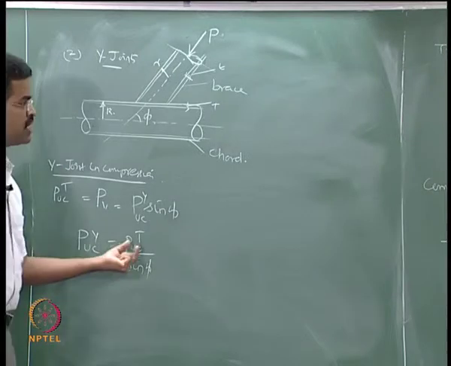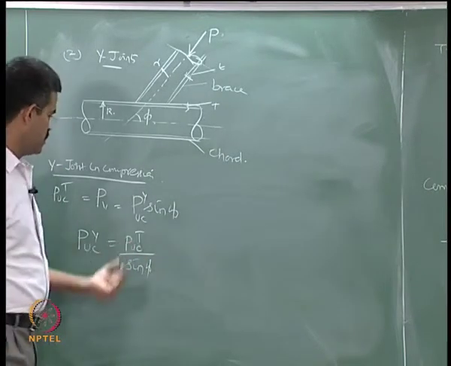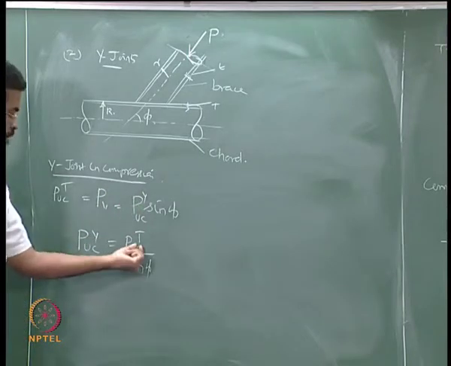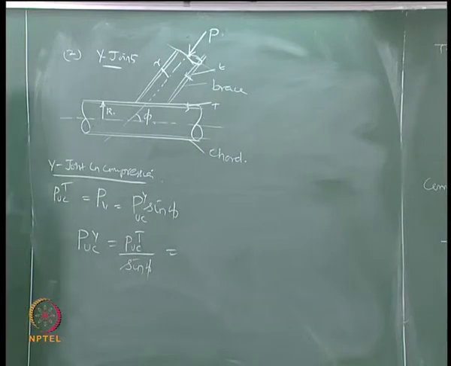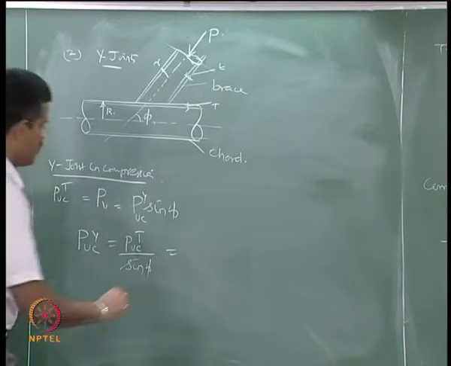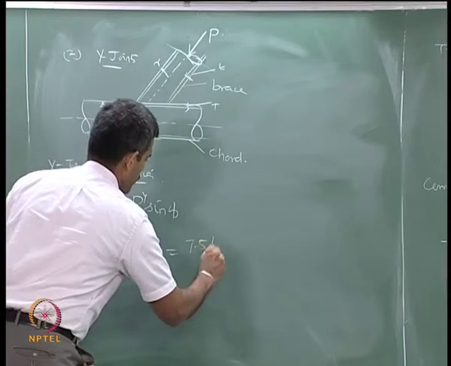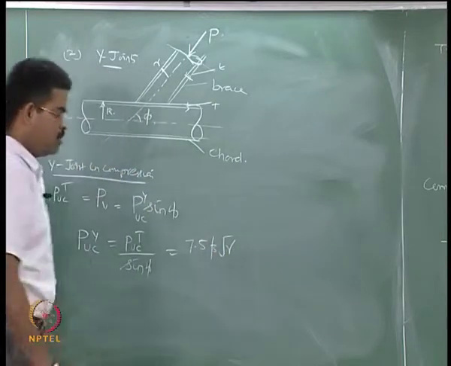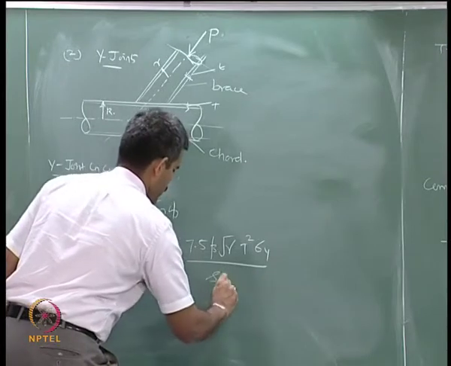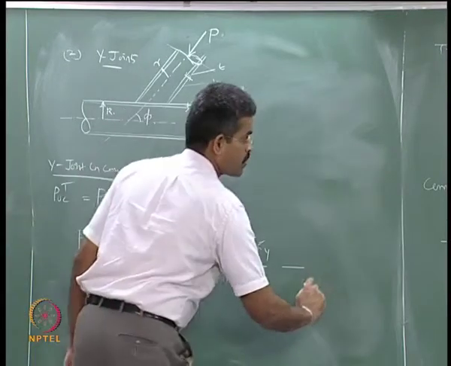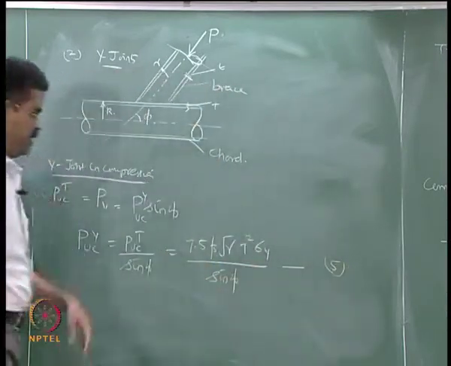So, P U C of T already we know, in tension or in compression, we already know this equation, we can substitute that. What is the value in compression for a T joint? It is 7.5 beta root nu t square sigma y by sin phi, equation number 5.